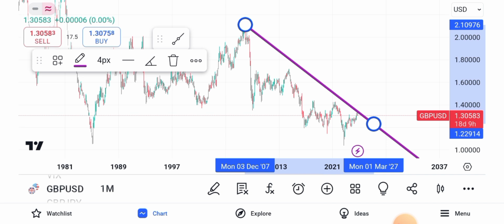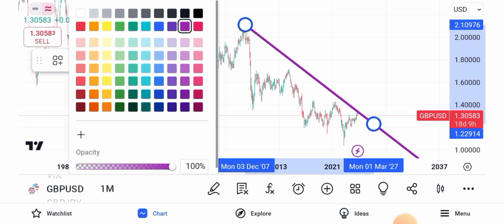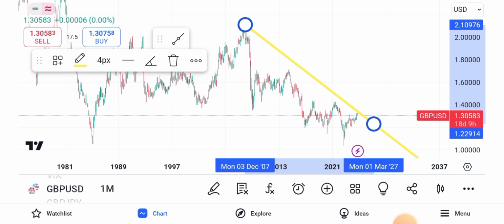A secondary trend line that I can also draw here can be, I'm going to change the color, you guys. I forgot my colors. Oh, yellow. I'm going to start with yellow. I like keeping it the same at all times.